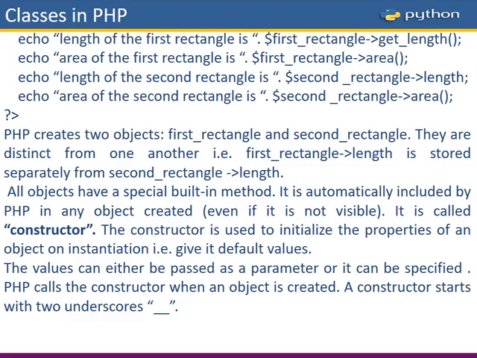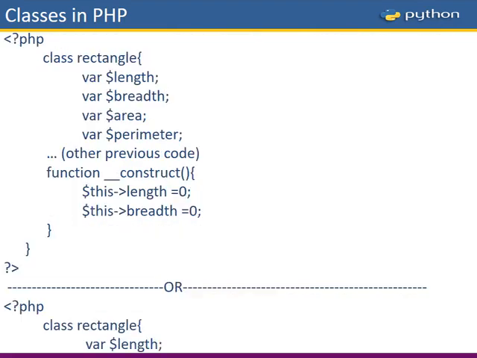In Python, we have a special constructor that starts with underscore init, starting and ending with double underscores. Here is an example of what we are saying, with the same class Rectangle and its properties, the variables of the class Rectangle, which are length, breadth, area, and perimeter.